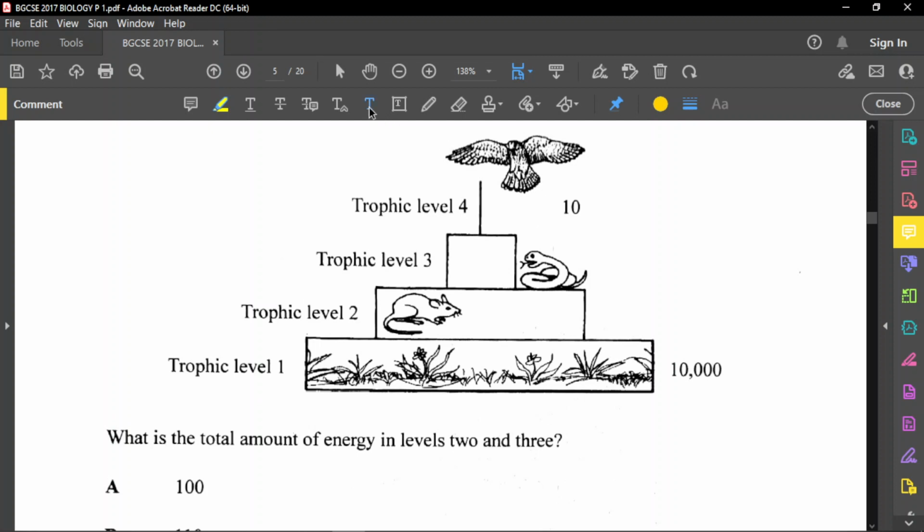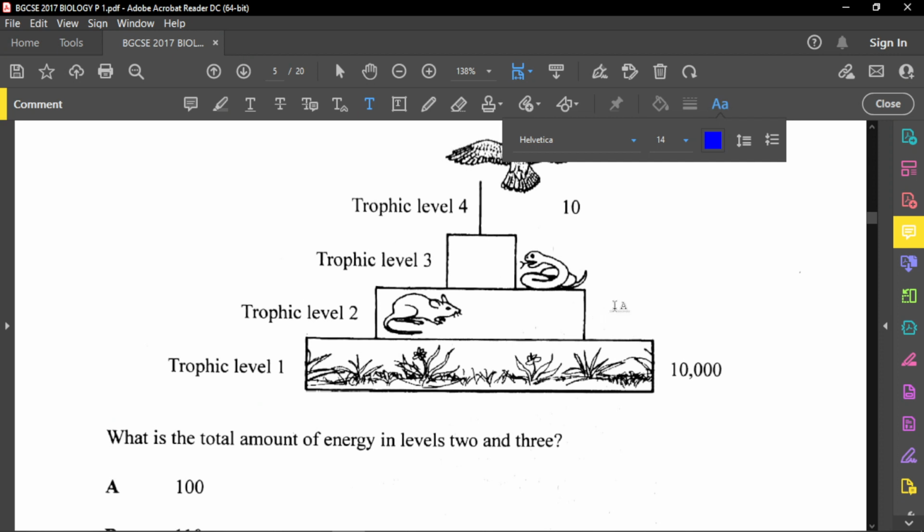But just to answer this question here, if we start from the producer at trophic level number 1 with 10,000 joules of energy, then the next one will only have 1,000. So the rat will have 1,000, the snake will have 100. And the question asks, what is the total amount of energy in levels 2 and 3?